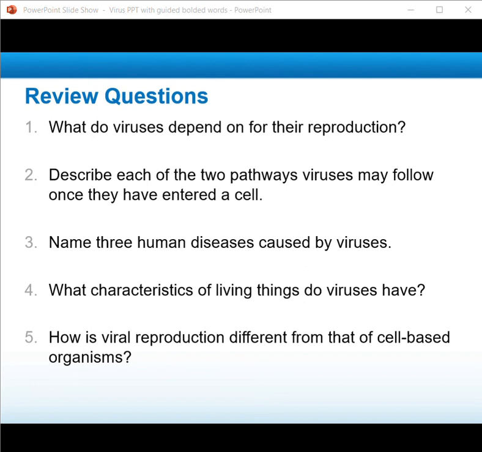Viral reproduction can only occur within a host cell, and that host cell has to be a living cell. That host cell is usually a part of a cell-based organism. Living cells are capable of independent cell division, either sexually, which is meiosis, or asexually, which is mitosis. So viral reproduction can only happen inside of a living cell.